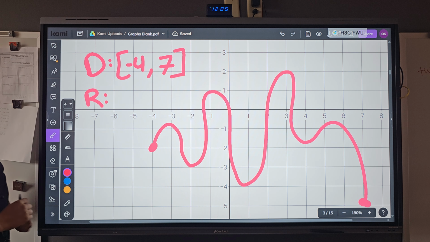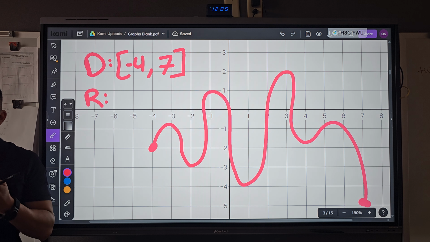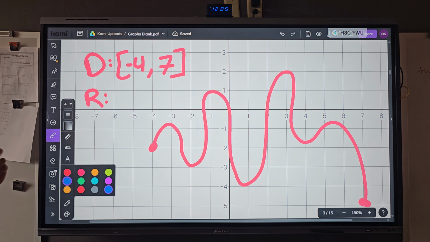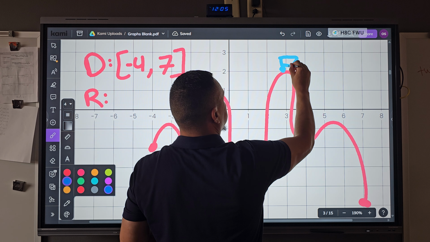Range. What's the lowest y? Okay, so see now there's some interesting stuff right there. Those of you that said -2, which I don't know who you are, but if you said that, it doesn't have to do with touching. Okay, so this is where the little guy or a roller coaster would help you.